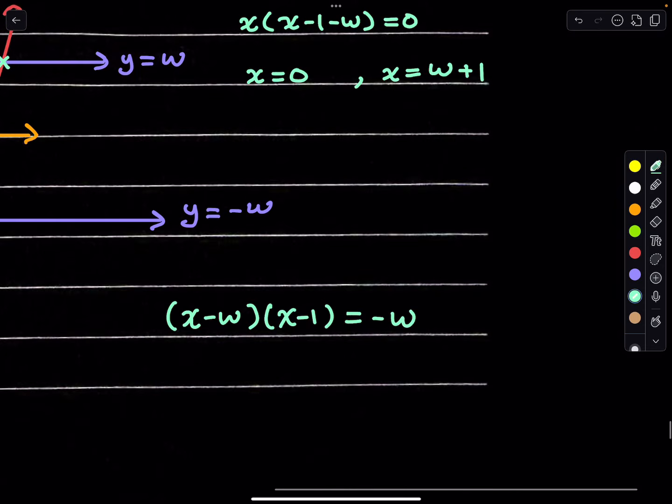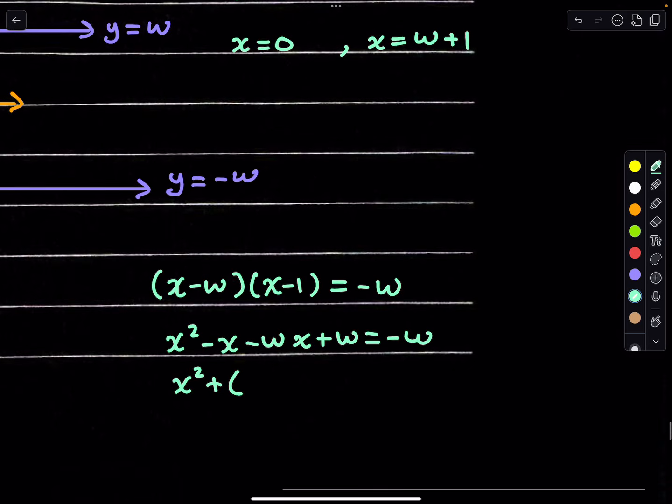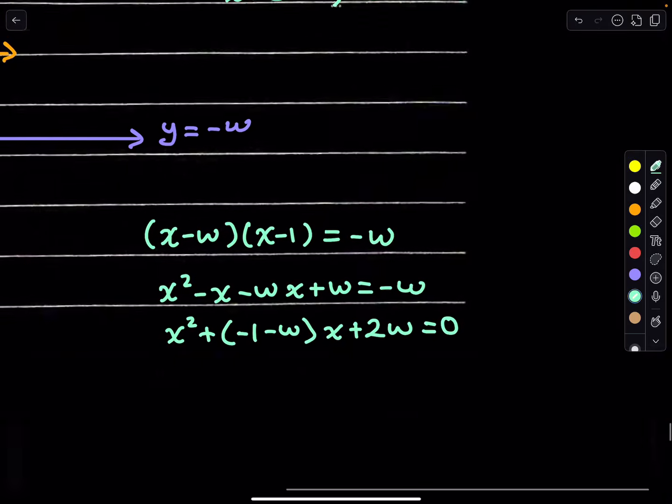Expand it: x squared minus x minus wx, I don't know why I'm expanding it again, equals negative w. So I'm going to put all the x's in one: negative 1 minus w x, and if you bring that w over, it'll be plus 2w equals 0.